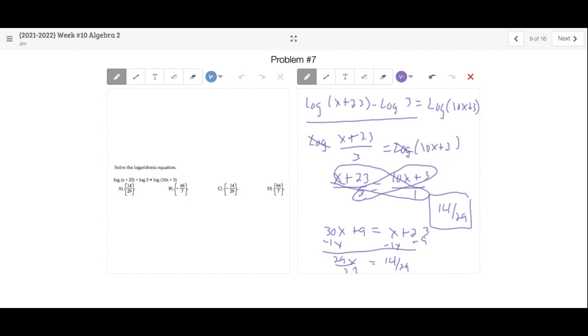Why did I subtract 1x? Because I want to get the x's. Anytime I have variables on both sides of an equation, I want to get the variables on the same side of the equation. Now, could you have brought the negative 30x over to the right-hand side? Absolutely. But I like to keep my variables positive, so I subtracted 1x from both sides. And what does that do? It gets rid of the x on the right-hand side and subtracts 1x off on the left-hand side. Anytime I have variables on both sides, I want to get it on one side.